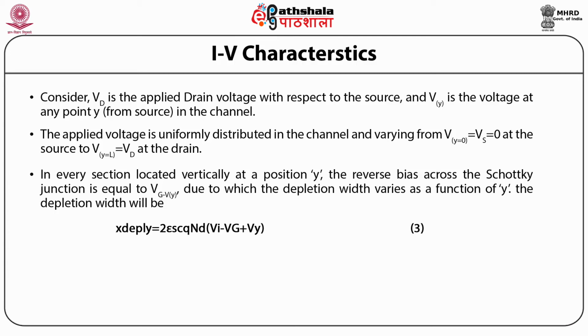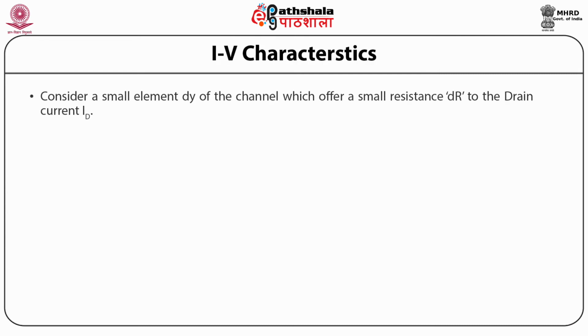So the depletion width will be X depletion as a function of Y equal to root of 2 epsilon Sc by Qnd multiplied by Vi minus Vg plus V as a function of Y. Consider a small element dy of the channel which offers a small resistance dr to the drain current Id.